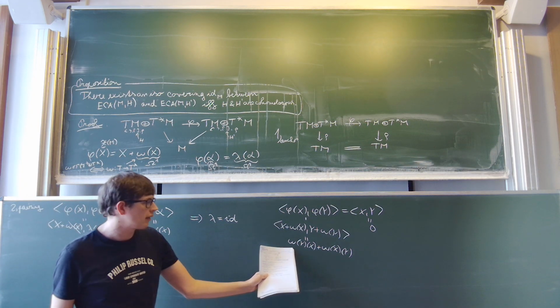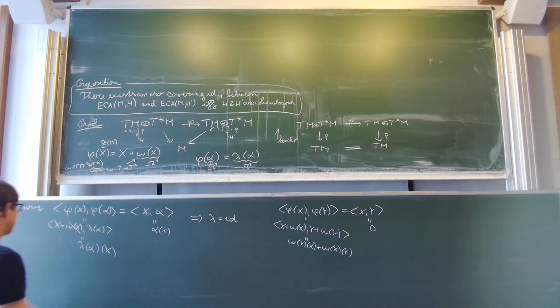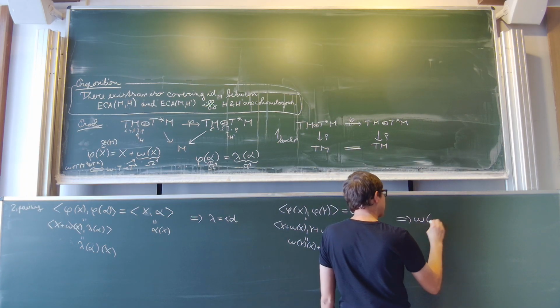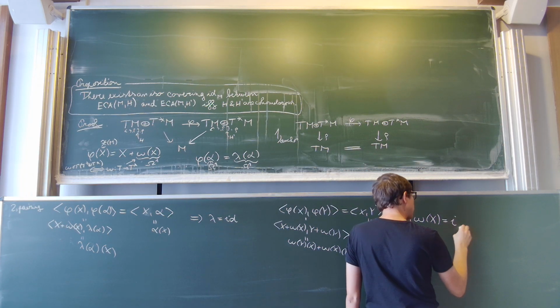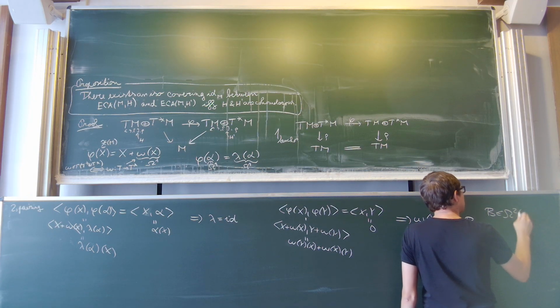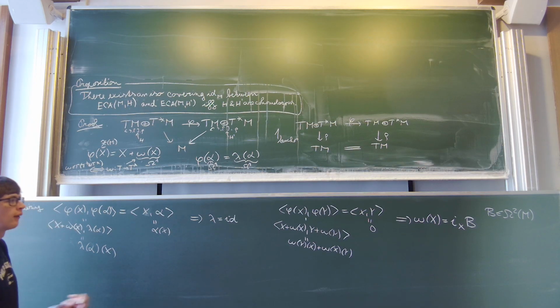So here you see that that 2 tensor has to be antisymmetric. Okay, so the conclusion from this one is that omega acting on X is in fact contraction with some B, where B is a 2 form on the manifold. Okay, so that's what pairing and anchor give you together.